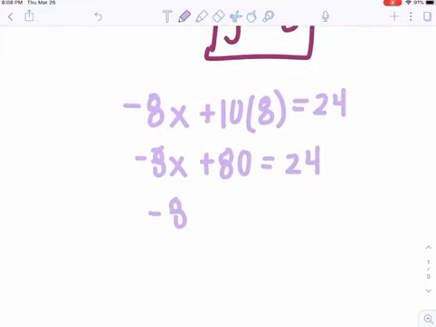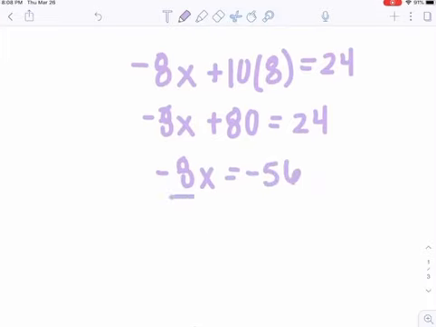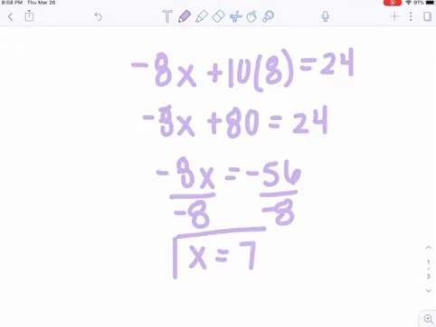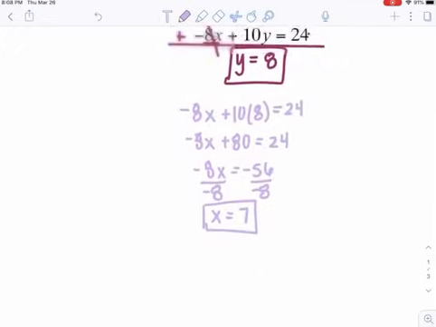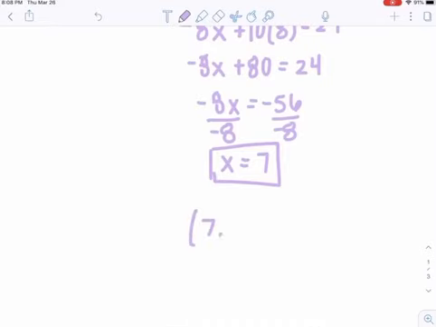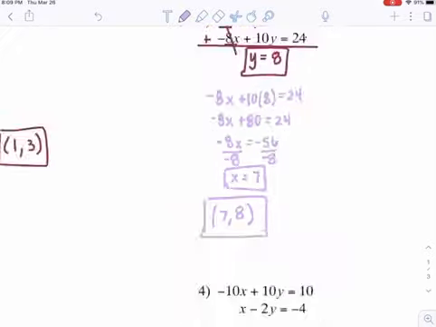So negative 8x equals negative 56, right? Divide by negative 8. So x is equal to positive 7. Now I have my two answers. I know x is equal to 7, y is equal to 8. There's my ordered pair, and we're good.